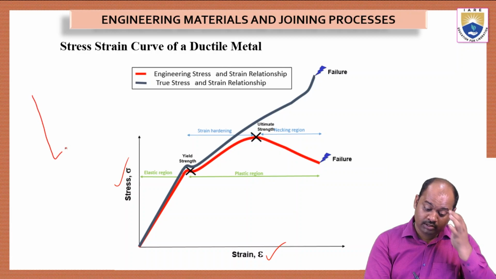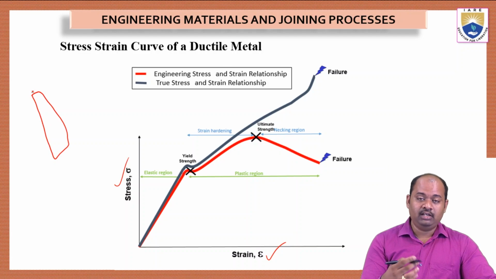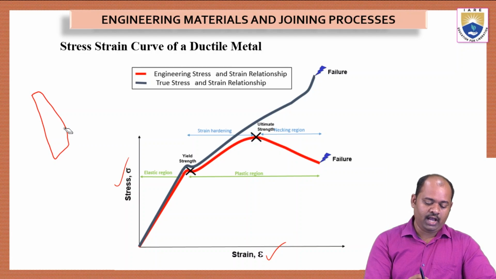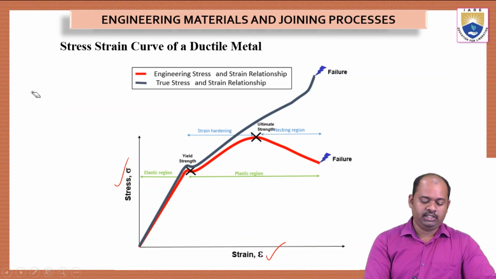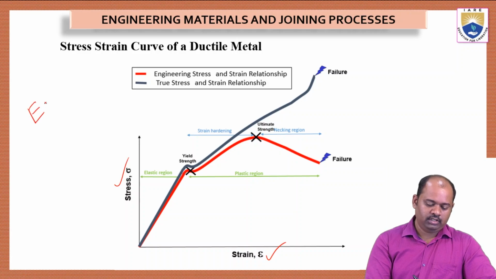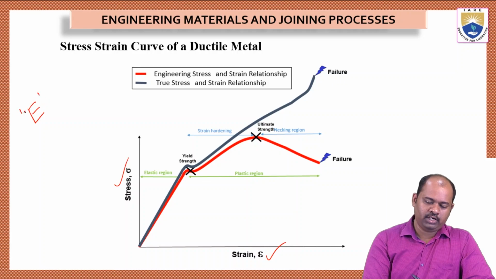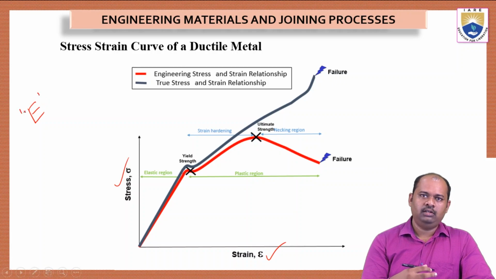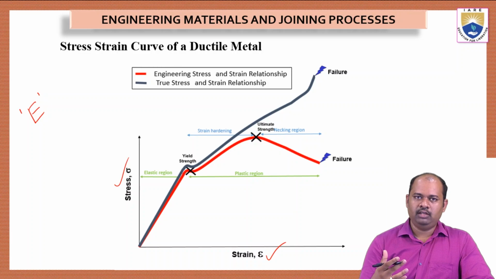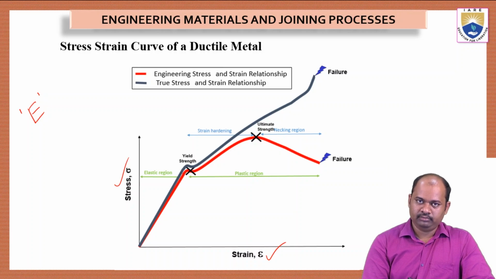The first assumption is that the metal which is taken should have uniform Young's modulus, E value. We are going to study what E is and how it impacts the properties of metal.